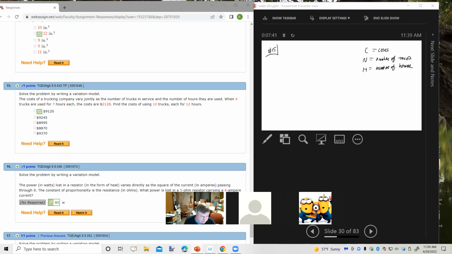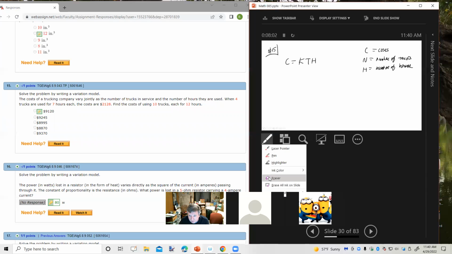So cost varies jointly as the number of trucks and the number of hours used. So C equals k times N times H. It's not T, it's N. I switched variables. Pay attention there, Mr. Mayo.